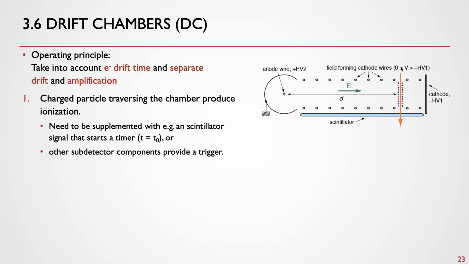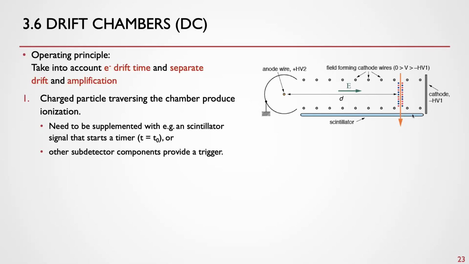There is a charged particle traversing the chamber and produces an ionization yield. We need a second detector to start the timing. This can be a scintillation detector, or if there is no scintillation detector in a collider physics experiment, another subdetector needs to provide a trigger.